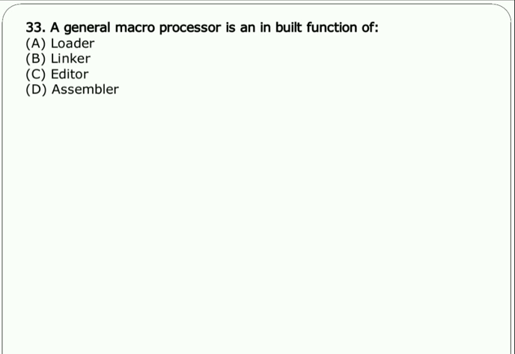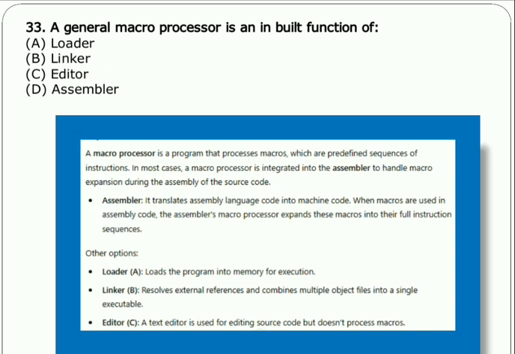A general macro processor is an inbuilt function of? First we must know about the loader, linker, assembler, editor. Editor means we can write or modify programs. An assembler translates assembly language code into machine code.